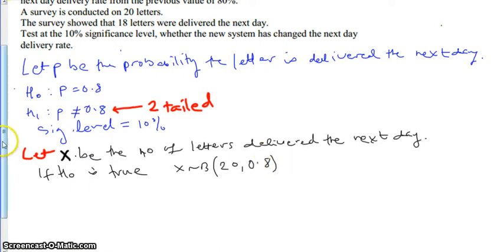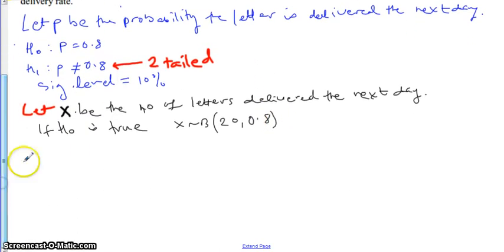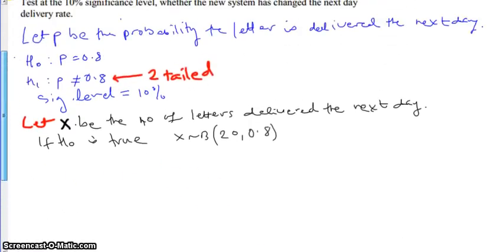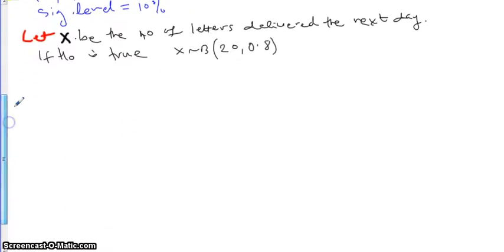Now, since this is a two-tailed hypothesis, there are two methods we can solve it with. Method one is simply using probabilities, and if we imagine the distribution, pretend it looks something like this.